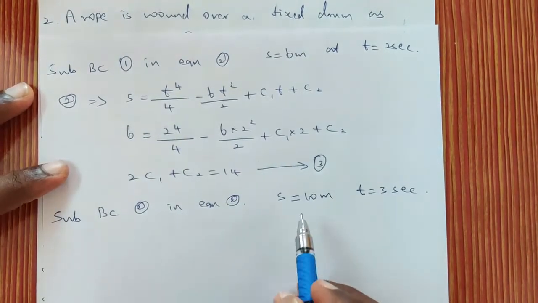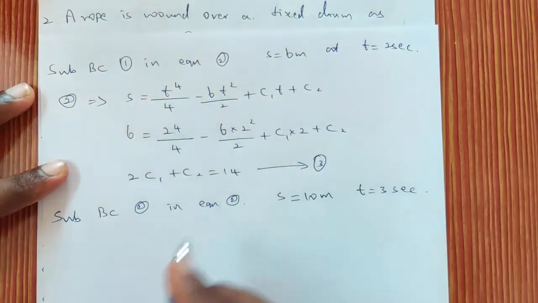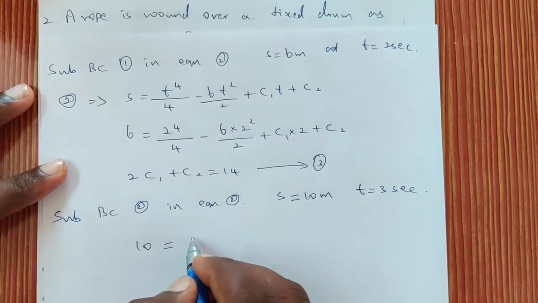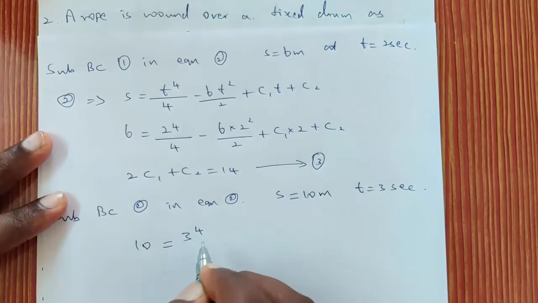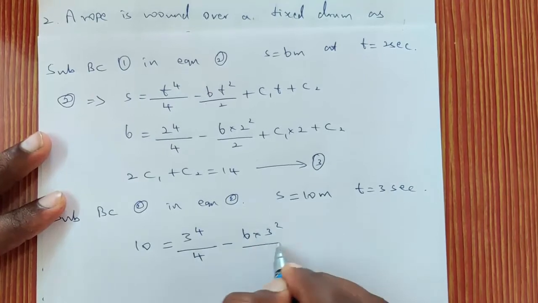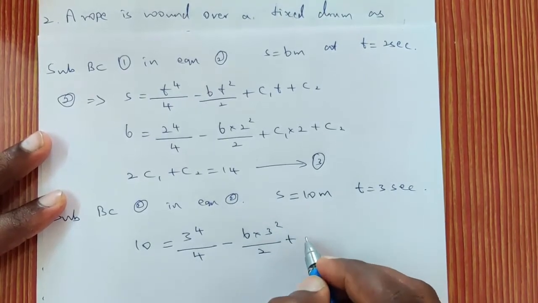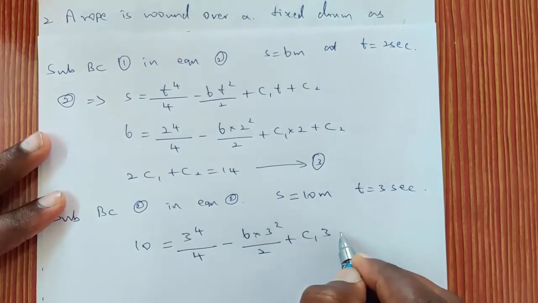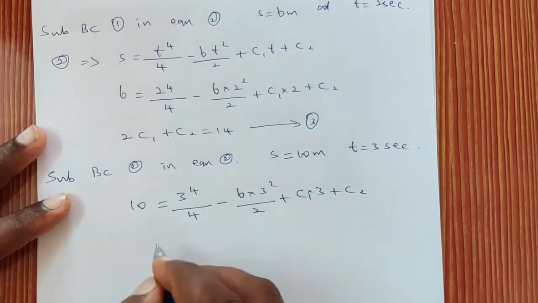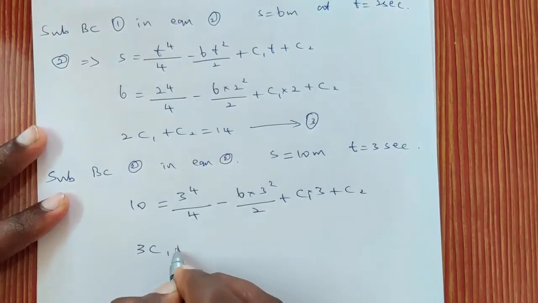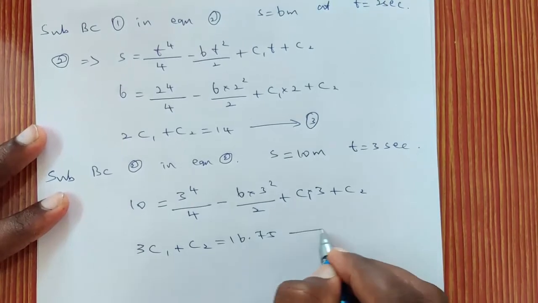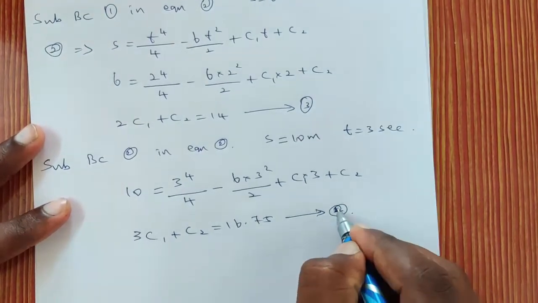If you substitute the values of s and t in the second equation, we will get 10 = 3^4/4 - 6 × 3^2/2 + c1 × 3 + c2. If you solve this equation, we will get 3c1 + c2 = 16.75. Keep this as equation number 4.